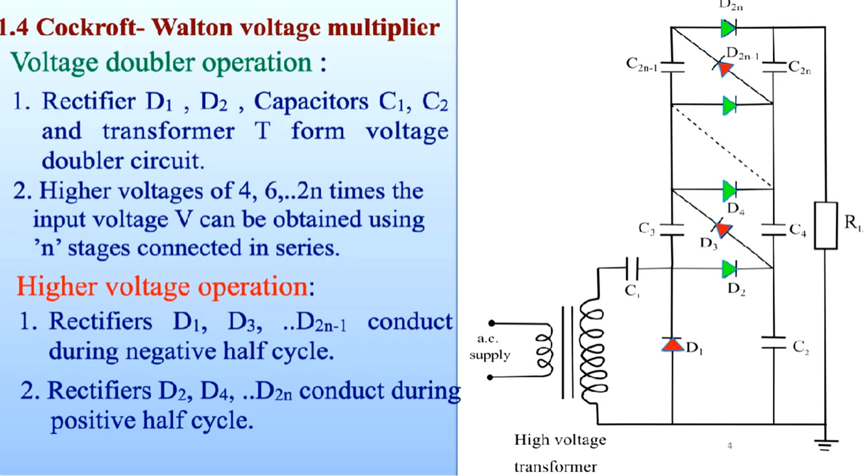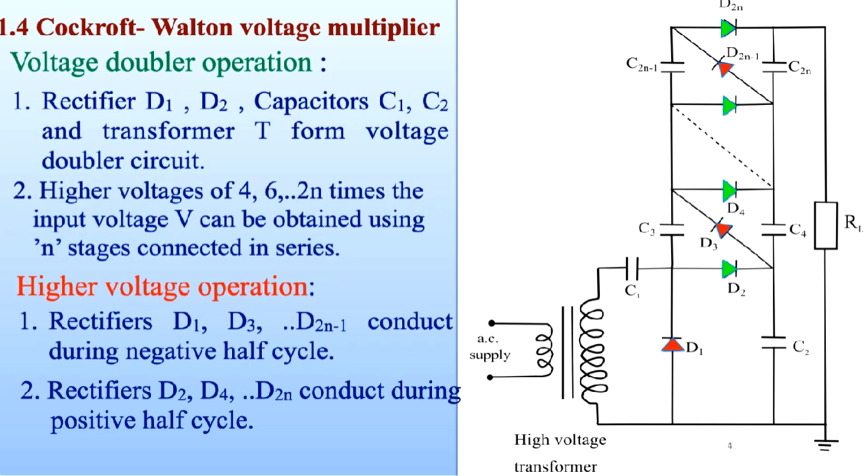The voltage across capacitor C4 with respect to ground becomes 4 times V. In the same way, at the next level, capacitor C6, the voltage will be 6 times V and so on. So the voltage can be multiplied, and that is simple and compact when the load current requirement is less than 1 milliampere.